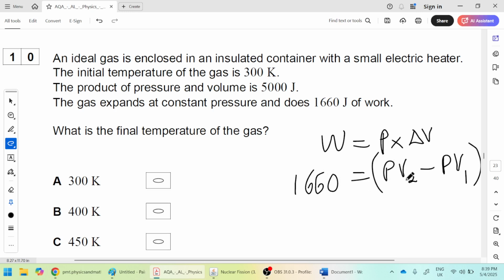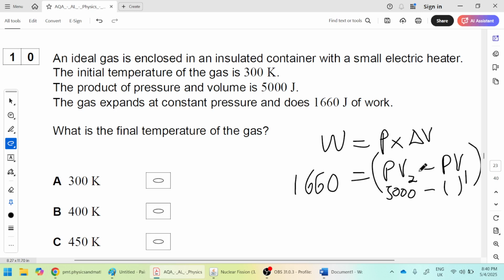Initial product of pressure and volume is 5000 minus some amount here. It does work means the final value has to be, hold on, thinking.